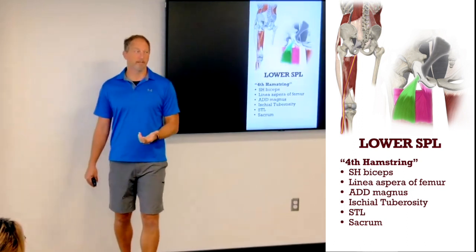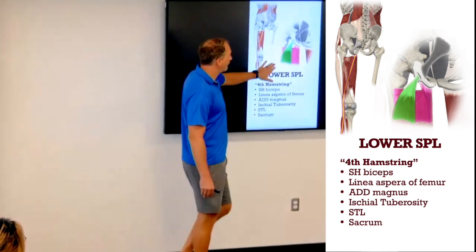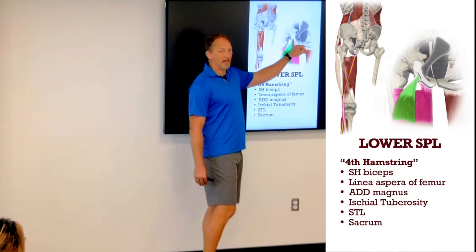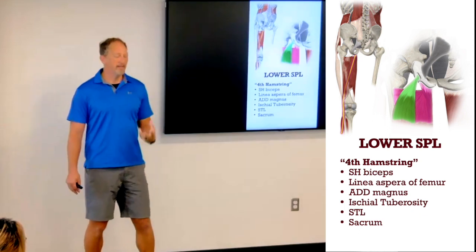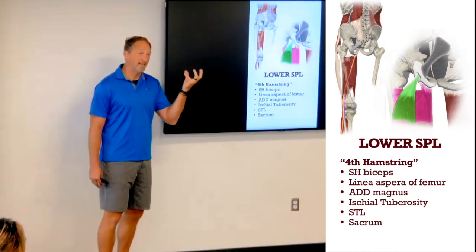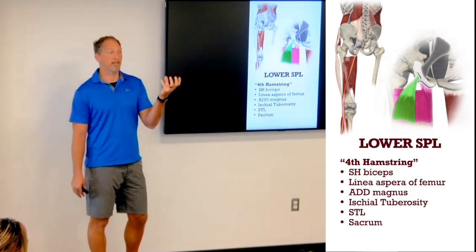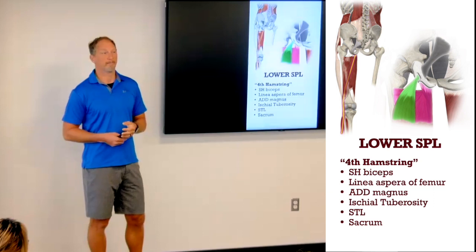Somebody has a hamstring injury. We know that there's issues at their ischial tuberosity. They're very tender through that ischial tuberosity. We know that this area is going to take a little bit longer to come around because, especially if they're a high school athlete or a college athlete, or they spend all day working in an environment at a desk, they sit on a tissue all day long and they compress that.